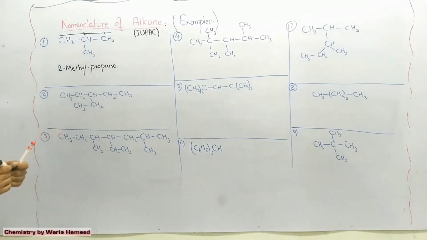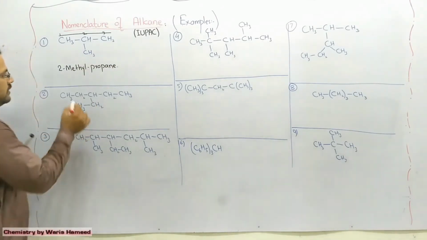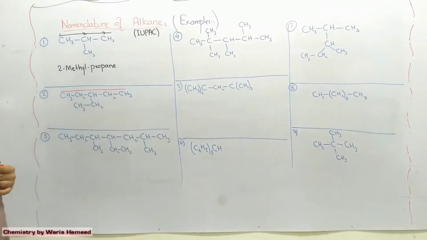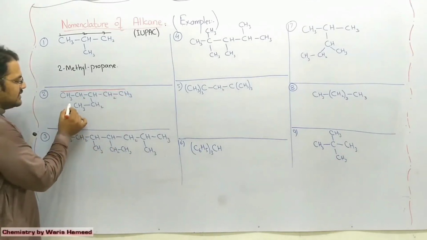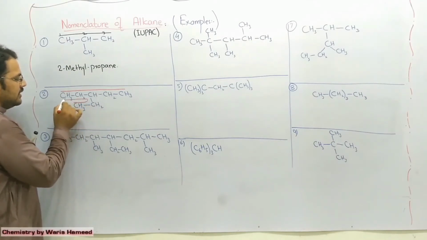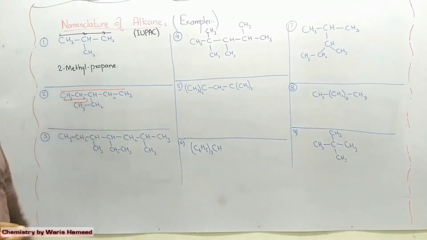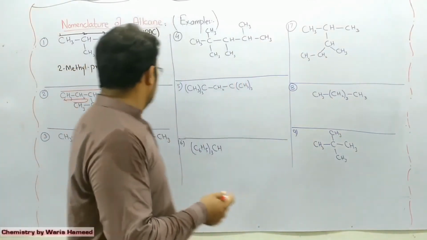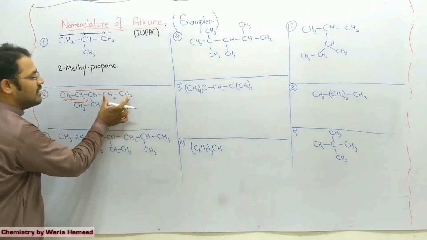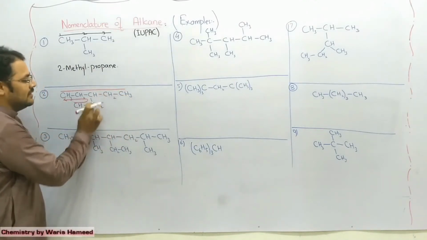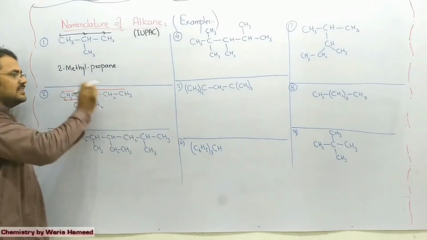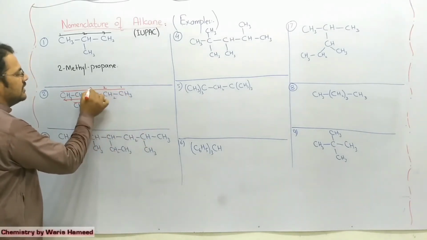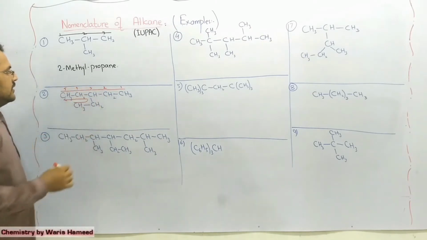In the second molecule, first of all, select the longest chain. If I go straight, there are 5 carbon atoms, and if I select this chain, here also there will be 5 carbons. It's your choice which chain you want to select. I am going to select the straight chain. If I mark the number from this side, the third carbon has the substituent, and from this side there is also the third carbon. So from this side, first, second, third, fourth and fifth.